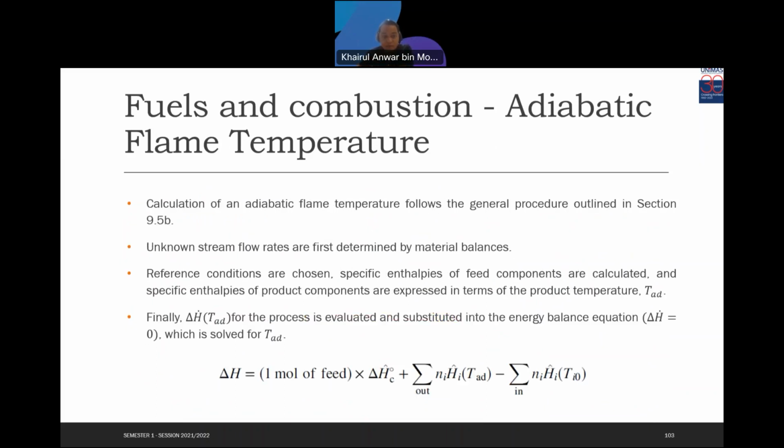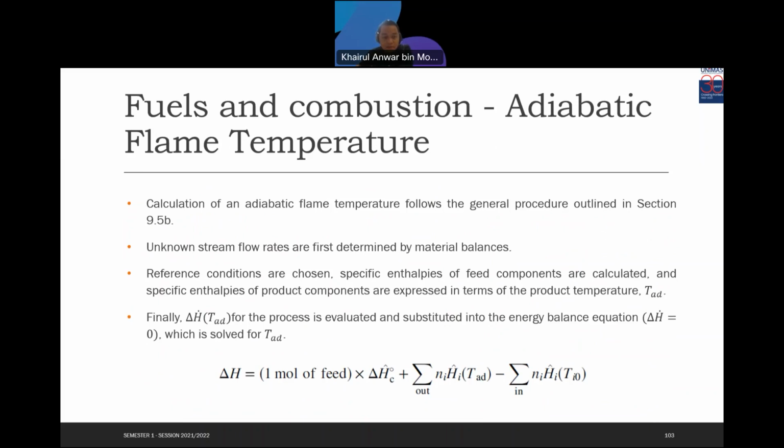Calculation of adiabatic flame temperature follows the general procedure outlined in section 9.5b previously. Unknown stream flow rates are identified by material balance, and reference conditions are chosen. We calculate the specific enthalpy of the products, expressed in terms of product temperature. Only delta H for the process is evaluated and substituted into the energy balance with delta H equal to 0.